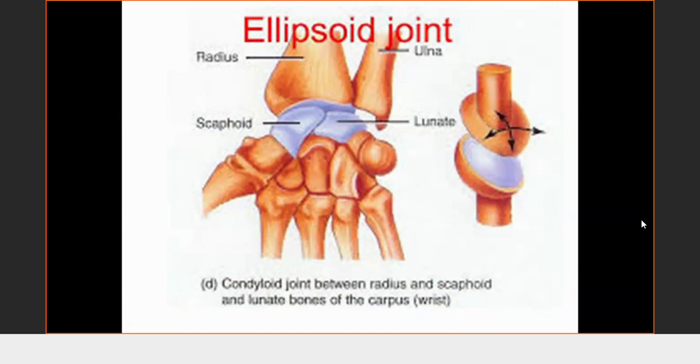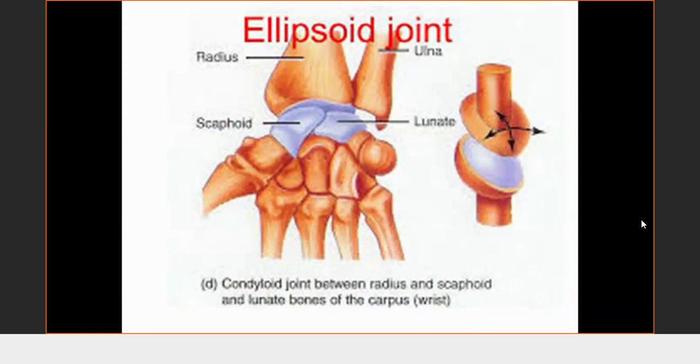The surface जो रिसीव कर रहा होता है वो elliptical होता है, और जो ये ovoid convex surface होता है इनसे बन रहा होता है carpal bones के proximity से. And now you can see there is a concavity there, but this concavity is here elliptical in shape. तो इसको ellipsoid joint कहते हैं, wrist joint. Basically wrist joint is an example of it.